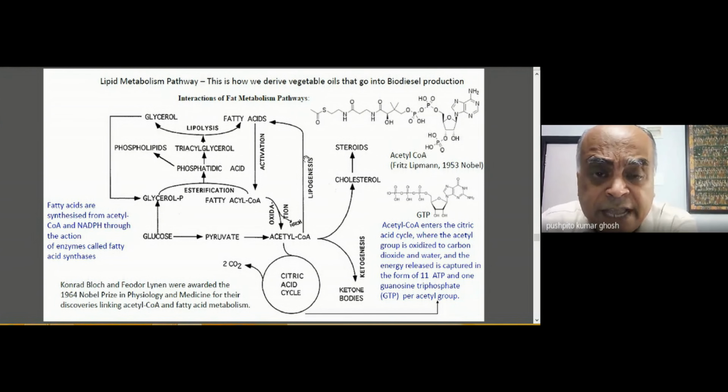In the other case, what happens is that I take glucose. Glucose is converted into glycerol. Don't worry about how it is converted.